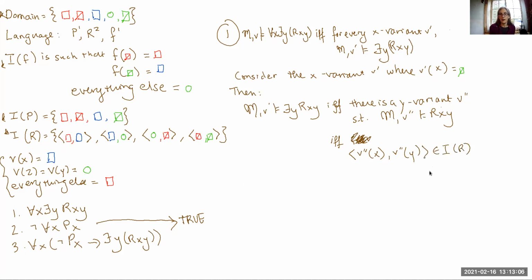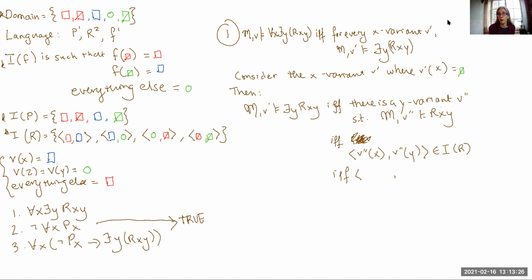So R is this set of pairs. So this is going to be the case if and only if, well, we are considering this V double prime is a Y variant. So that means everything in V prime that isn't Y got fixed.